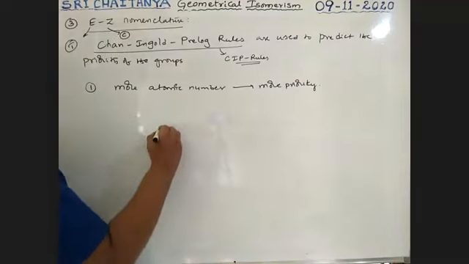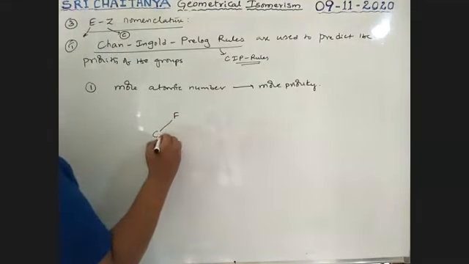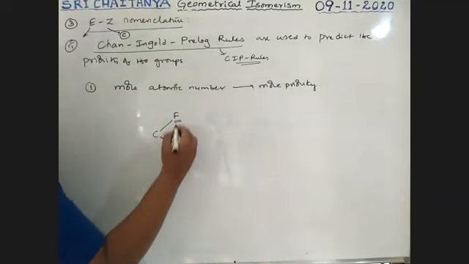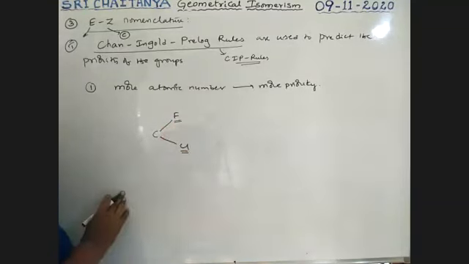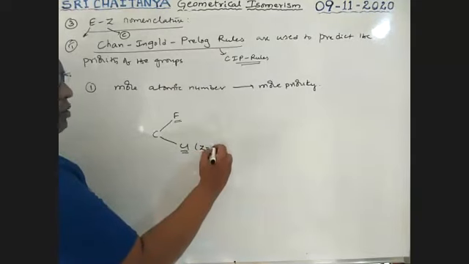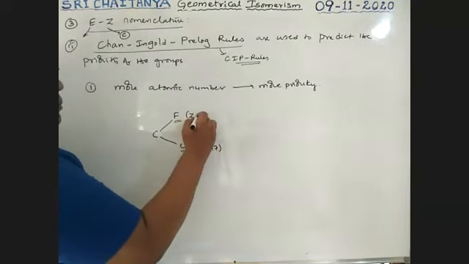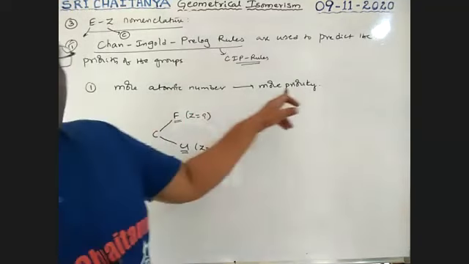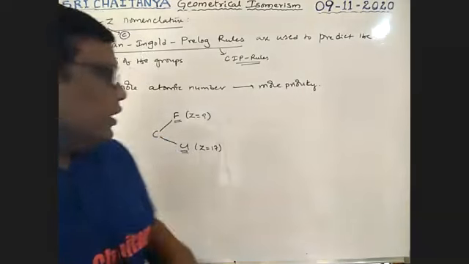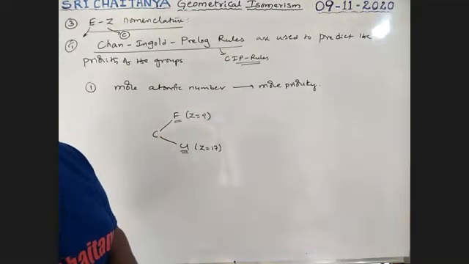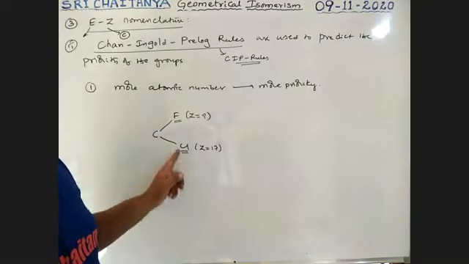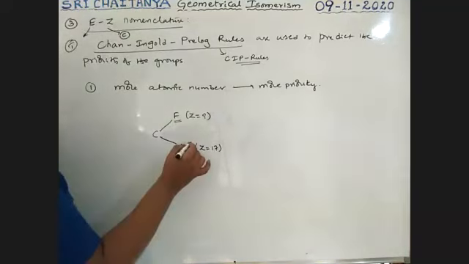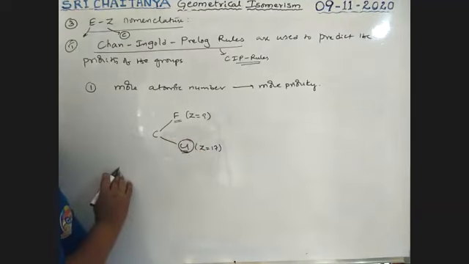This is the carbon directly attached with fluorine and with chlorine. The atomic number of chlorine is Z equal to 17. The atomic number of fluorine is Z equal to 9. So more atomic number, more priority. Among fluorine and chlorine, which one is more prior? No doubt chlorine is the more prior group.